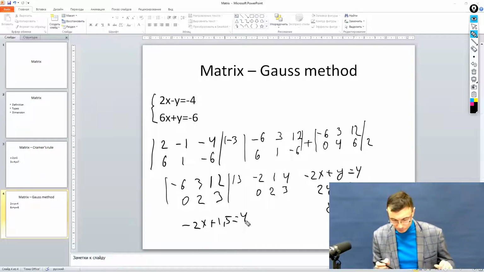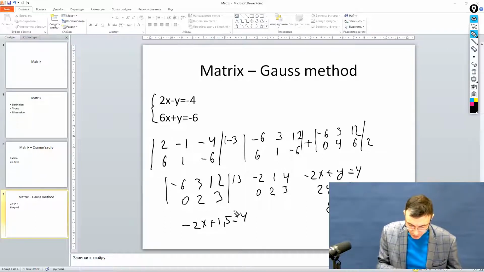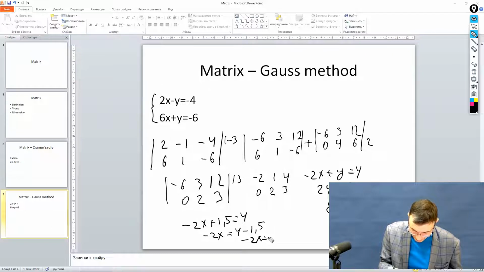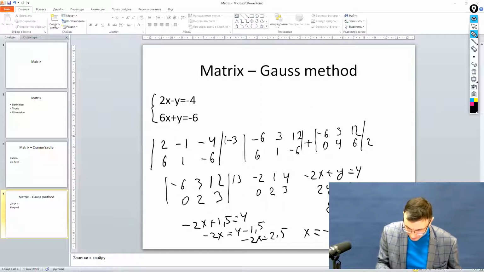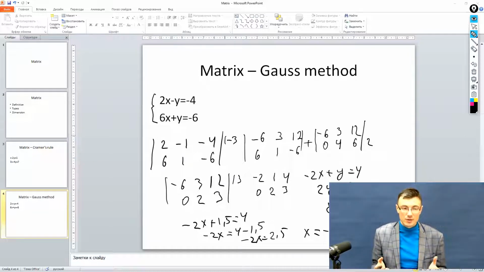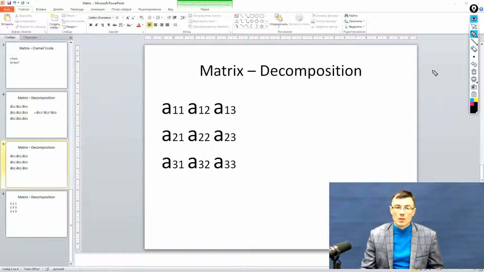Then we put 1.5 in the second part of the equation with minus, and so we have x minus 1.25. So we have the solution for our system.